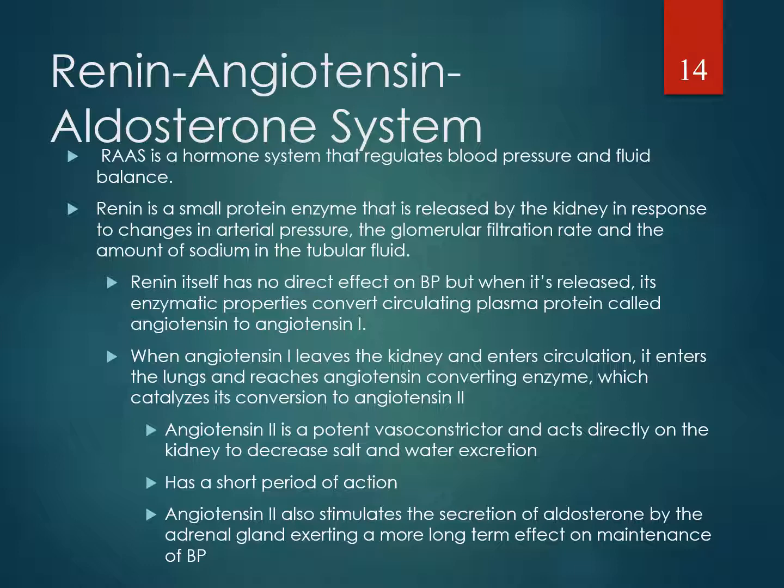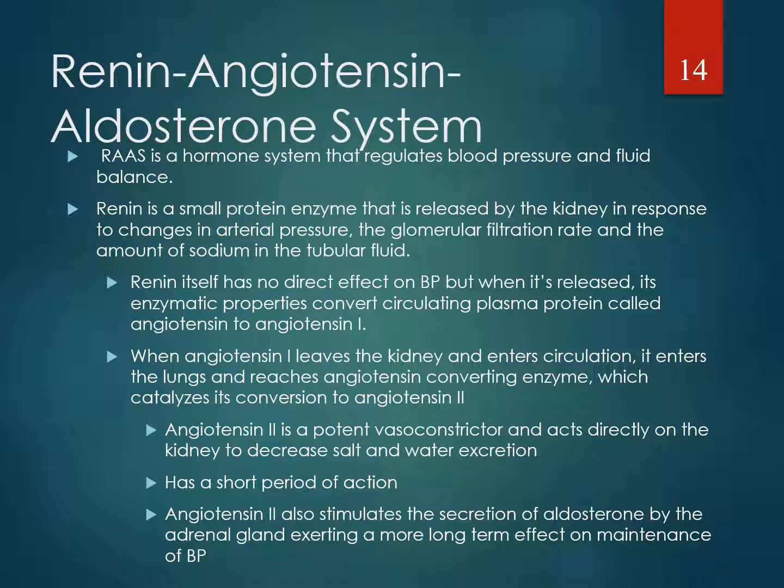Renin itself has no direct effect on blood pressure, but when it is released, its enzymatic property converts the circulating plasma protein called angiotensinogen to angiotensin 1. When angiotensin 1 leaves the kidney and enters circulation, it enters the lungs and reaches angiotensin converting enzyme, which catalyzes its conversion to angiotensin 2.